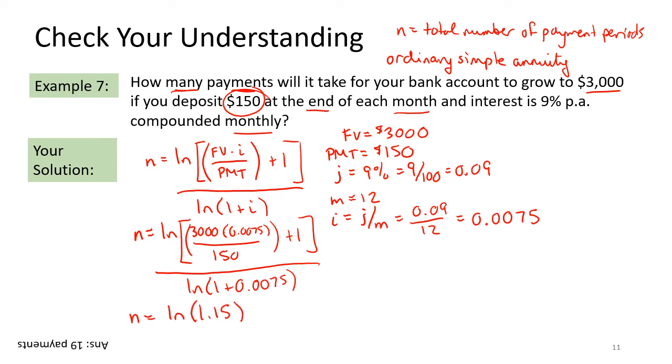Okay, that's if you do everything in brackets and properly on your calculator, divided by the ln of 1.0075. Okay, so if you calculate that out, you'll get a number of 18.7, meaning that you have to do approximately 19 payments. You can't have part of a payment. So 19 payments for your account to grow to $3,000. Okay?